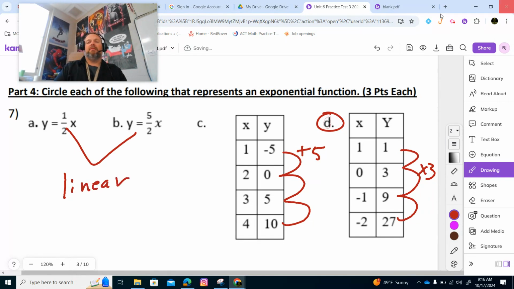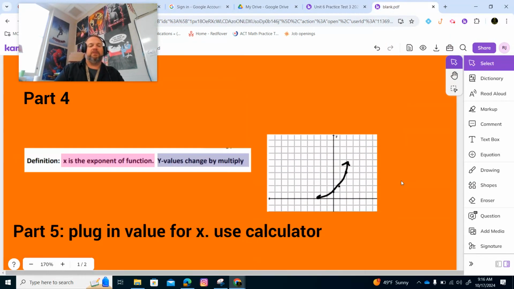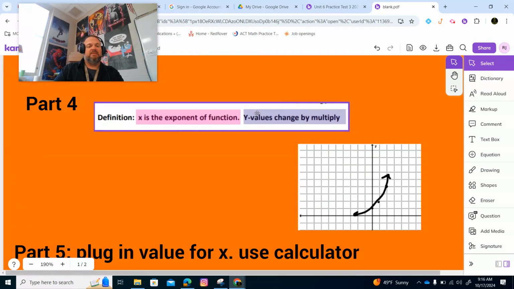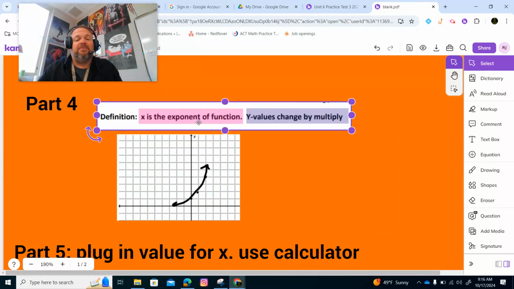Okay, now, crazy thing for part 4. Again, I use the definition. X is the exponent of the function. Y value is changed by multiplied. There's the graph.